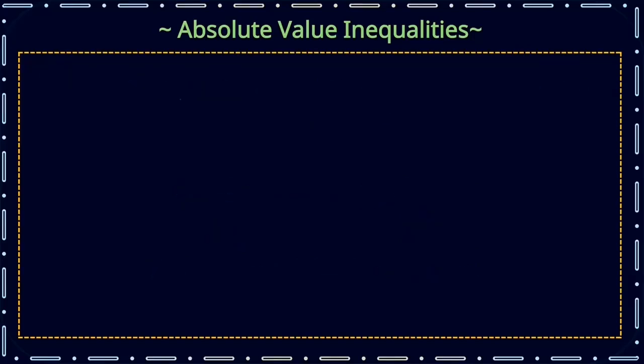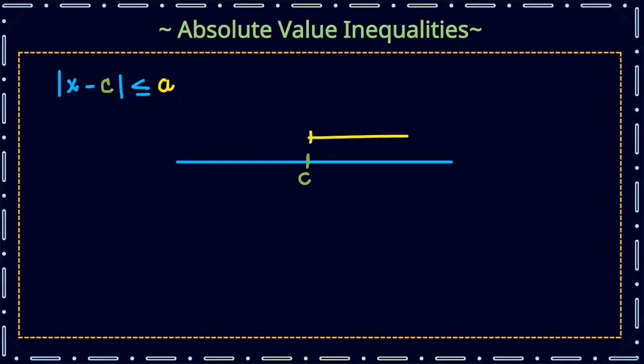In general, if we have the absolute value of x minus c less than or equal to a, we can think of this as the distance between x and c is less than or equal to a. Then, going on the number line, we first locate the center. Since we want the distance between our x and c to be no more than a, we are allowed to go over by a distance of a.